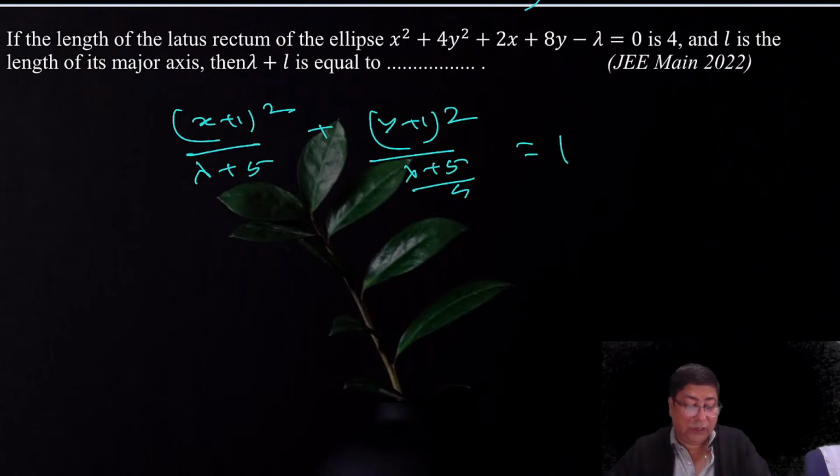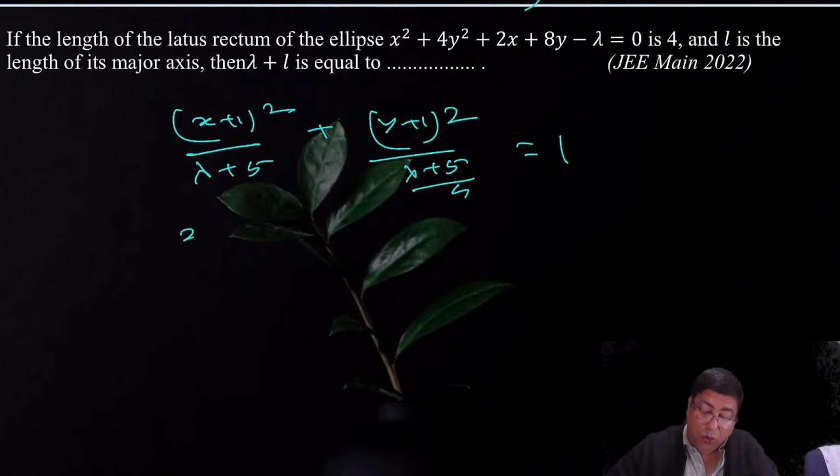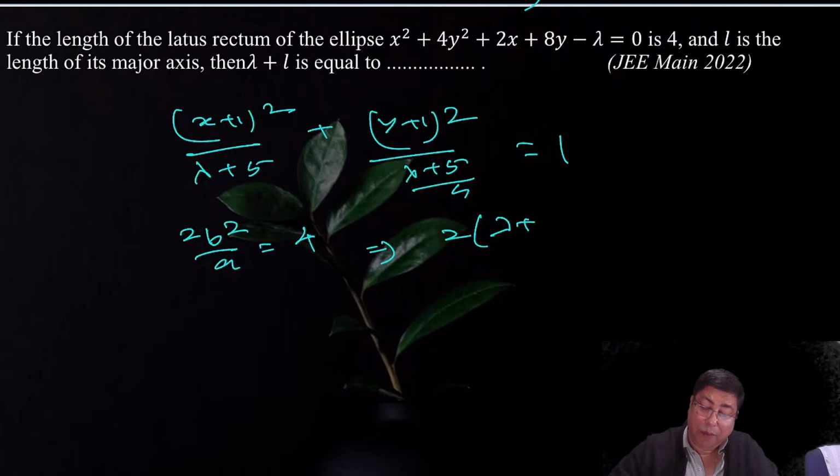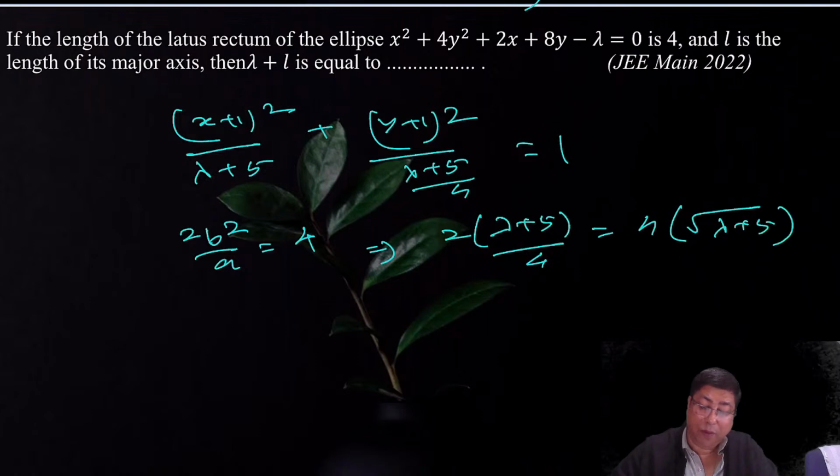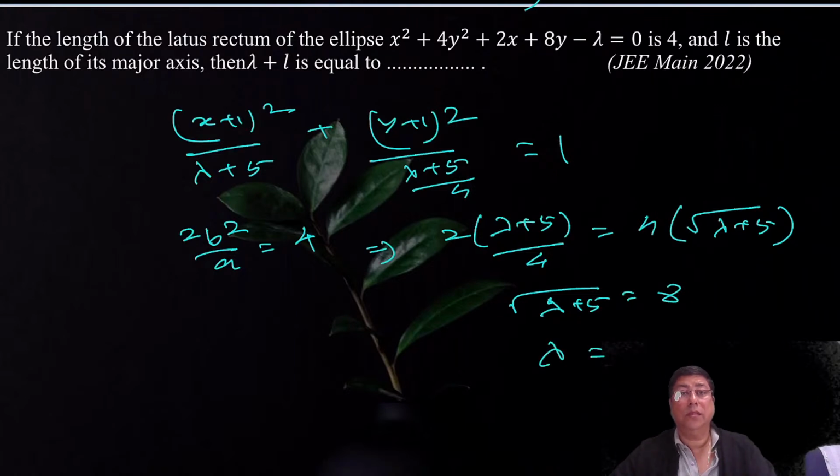Okay, next. So 2b square by a, the latus rectum, is coming to be 4 here. Therefore 2 into (lambda plus 5) by 4 equal to 4 into root over of lambda plus 5. So root over of lambda plus 5 equal to 8. Therefore lambda equal to 8 square, 64, minus 5 is what? 59.